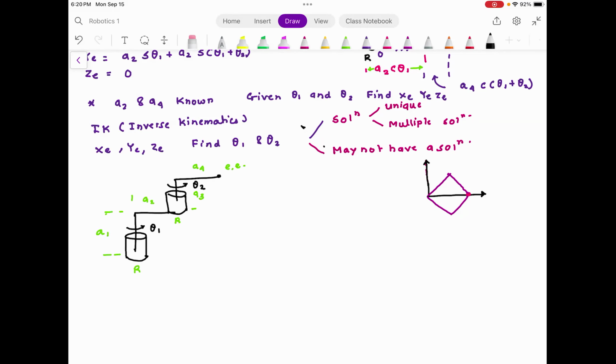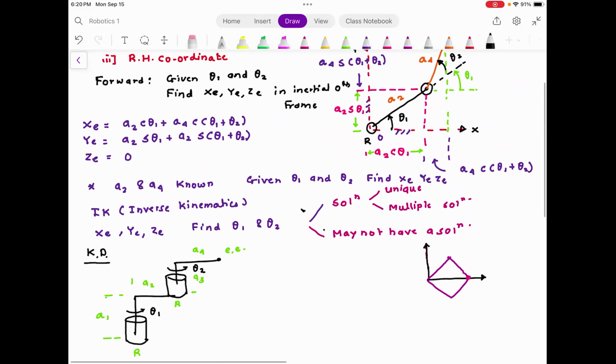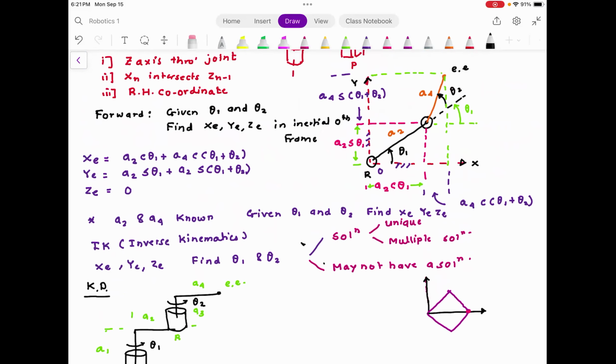I have drawn the kinematic diagram. This is called the kinematic diagram. I'm going to call this KD, wherein all the joint angles and joint displacements are 0 and the robot is in fully stretched condition. The joints are not folded. A word of caution or an observation. Can you see that the three-dimensional robot that I have drawn is nothing but the two-dimensional robot that I have shown in the picture?